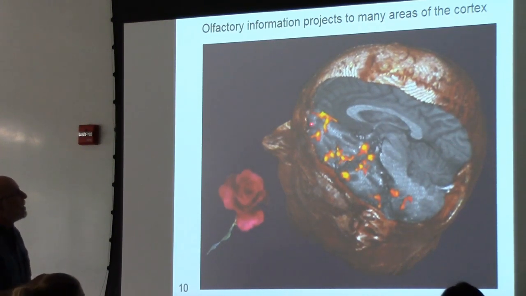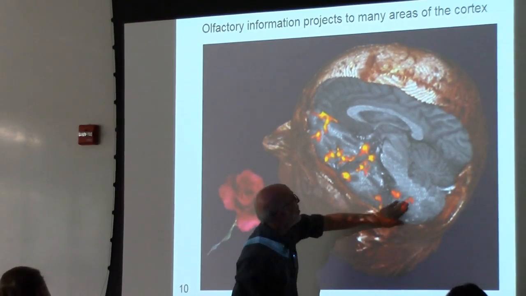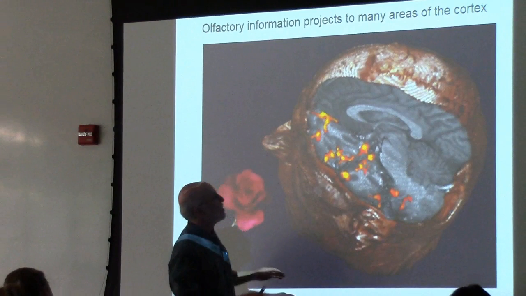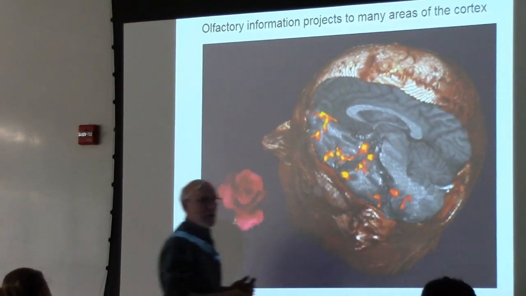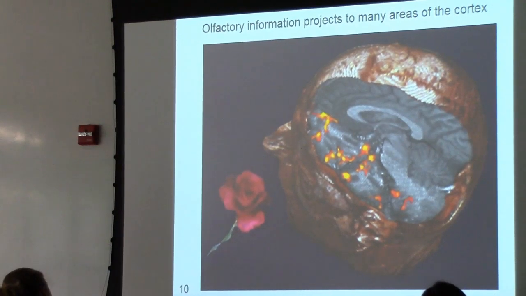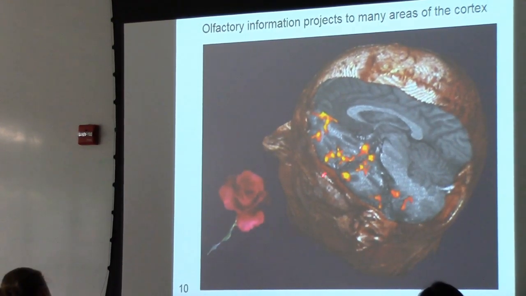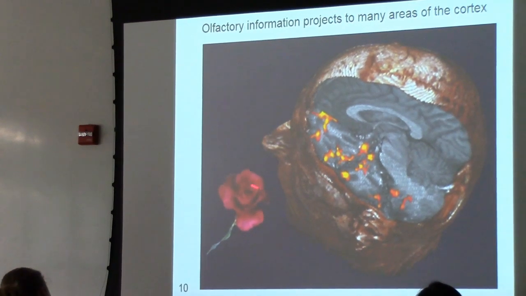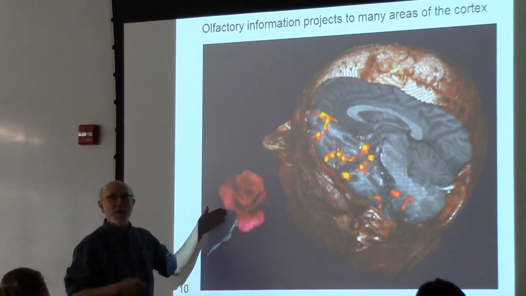But here's a slice through the temporal lobe of this person. There's a vertical angle and a horizontal angle, and you can see areas of the brain that were activated by the smell of a rose. This is, of course, an artistic rendition of what was happening.